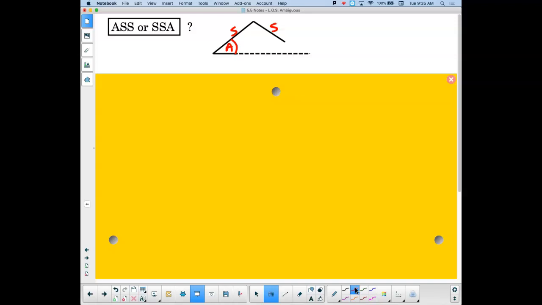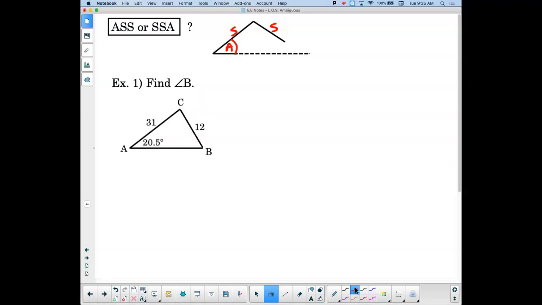So, what I would like you to do is try and solve that triangle for angle B. I just want angle B, I don't want angle C inside C. So we're just solving for angle B. Go for it.